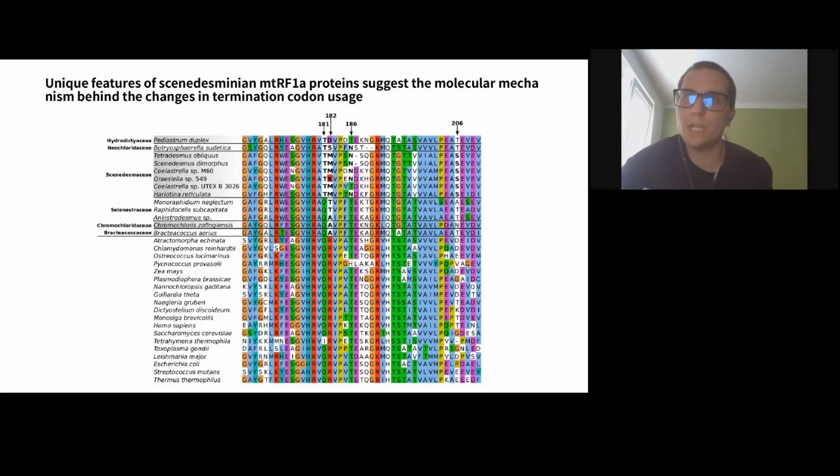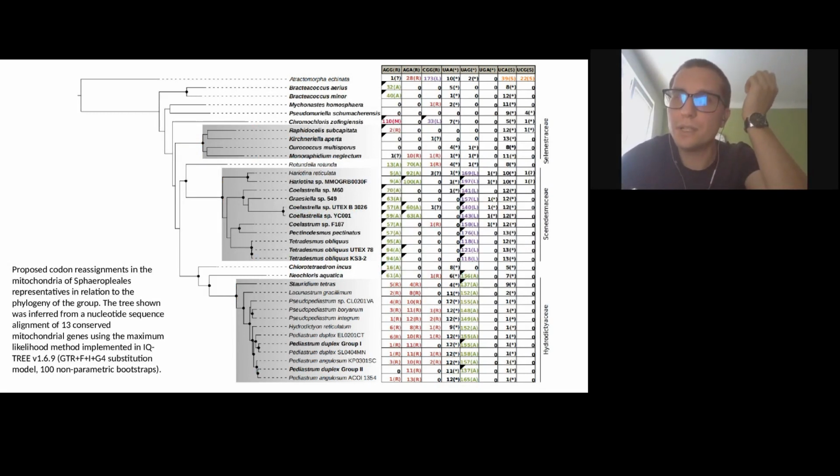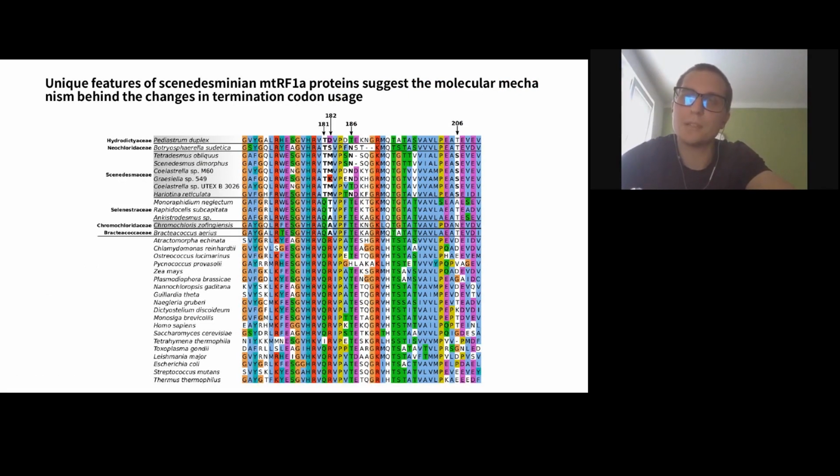And when we checked them, it looked very, very interesting, because as I said before, mitochondrial release factor 1 should not be able to recognize UAG, no, it is able to recognize UAG, and the position which is critical for recognition of that guanine base at third position is this glutamine 181 here.